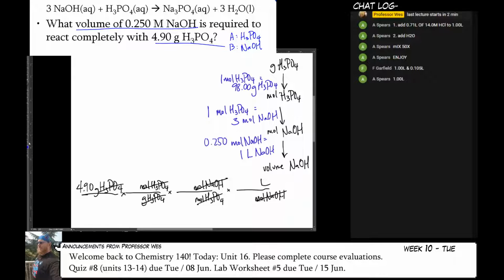And now we're just going to fill in the numbers. So how many grams were there per mole? 98. So 98 grams per mole. For every phosphoric acid I put in 3 moles of sodium hydroxide. So 1 phosphoric acid, 3 sodium hydroxide. And then how many moles per liter? This many moles per this many liters. It looks weird that it's upside down, but don't worry about that. Just put in the numbers where they belong.